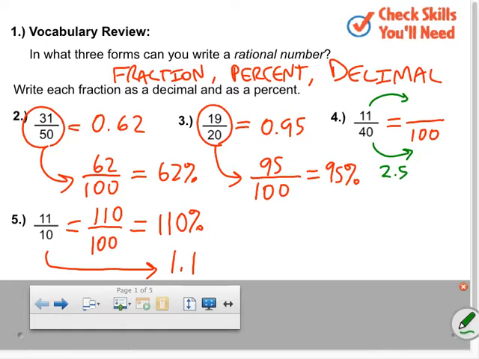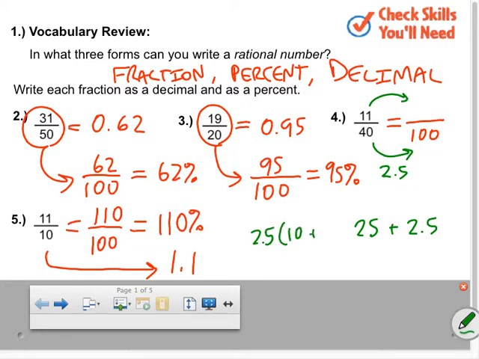If I took 11 and multiplied by 2.5, well, 10 times 2.5 is what? 25, right? And 0.1 times 2.5, you're just moving your decimal how many places? So 25 plus, what's 1 times 2.5? 2.5. Right?